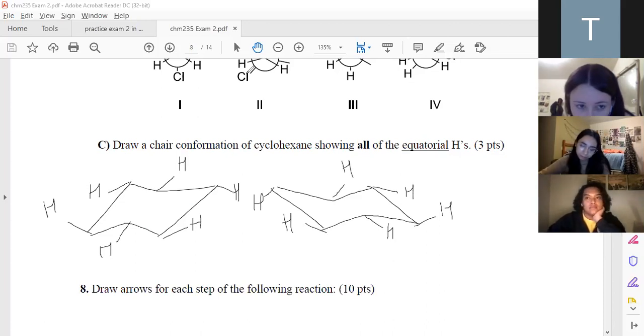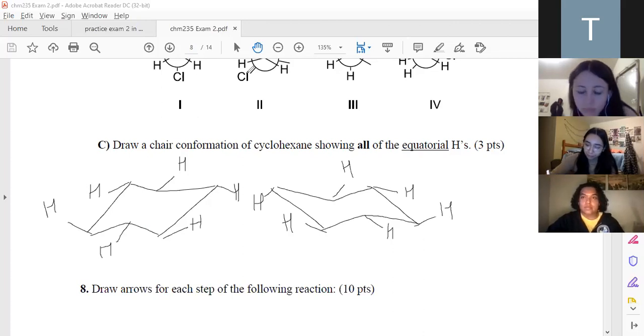So either one of those is going to be the correct chair conformation. Right. So did you guys get a close approximation? You only had to draw one of these. Matthew, how'd it go for you? I think I drew it okay. Some of them are a little bit off, but I think I got it. Okay. What about you, Mags and Melissa? You guys still working on it?